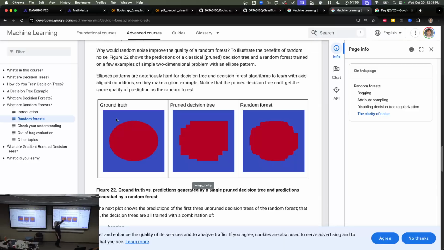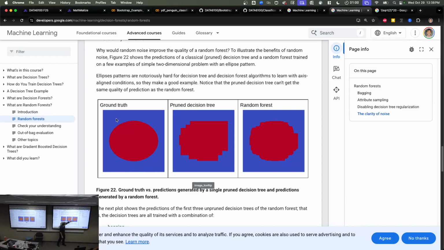The best kind of tree you can get is a pruned tree, a tree that has been improved by doing some pruning, but it's still kind of crappy because it's still got all these jagged corners. So every individual tree, because it's a tree, cannot get that close to the truth. But if you average many trees, that's what a random forest is, you train many of these trees, then on average you get a much better fit to the circle.